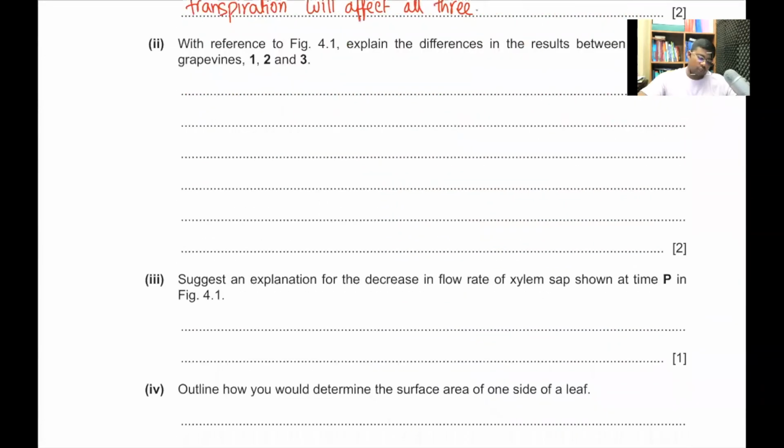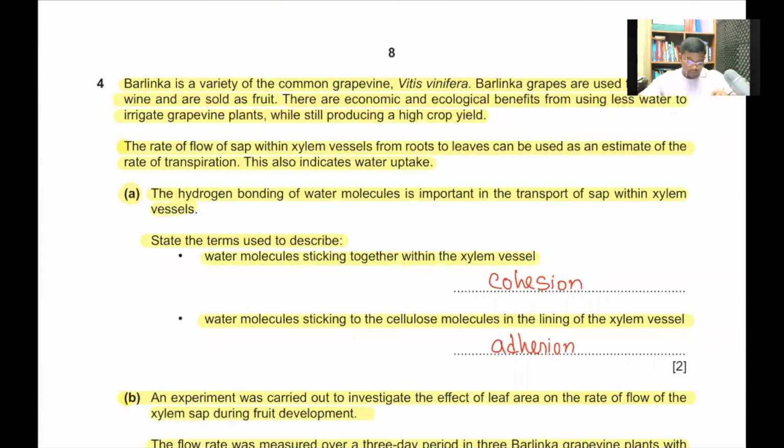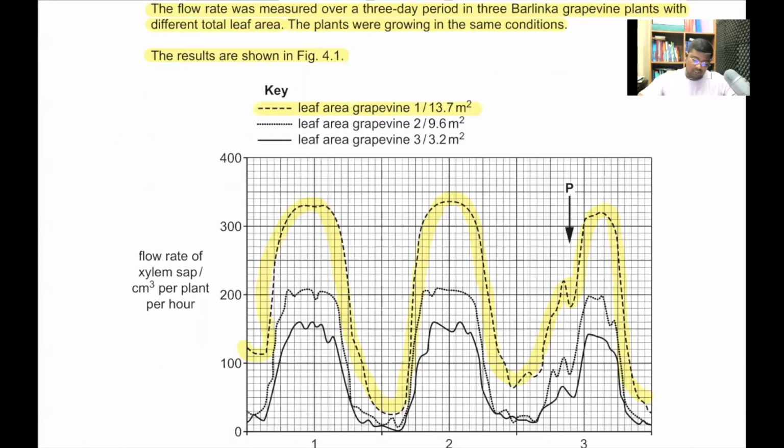Part 2. With reference to figure 4.1, explain the differences in the results between the 3 grapevines 1 to 3. So as we can see, grapevine 1 has 13.7 meters square of leaf area, and then 9.6 and 3.2. So with the decrease in total leaf surface area, there is a decrease in transpiration.